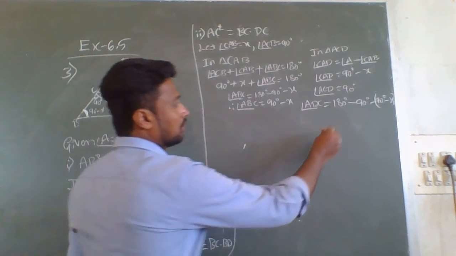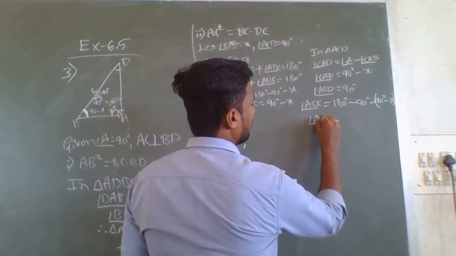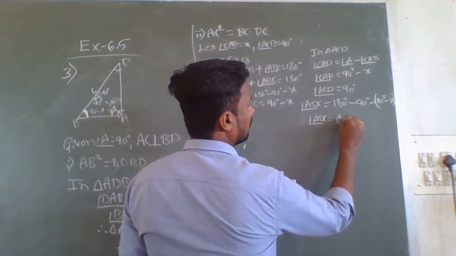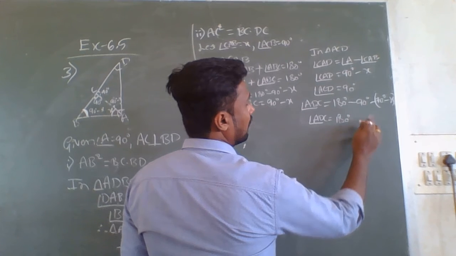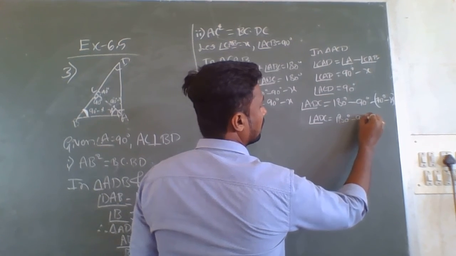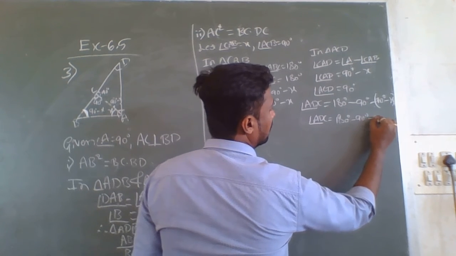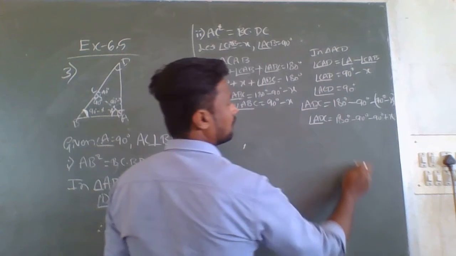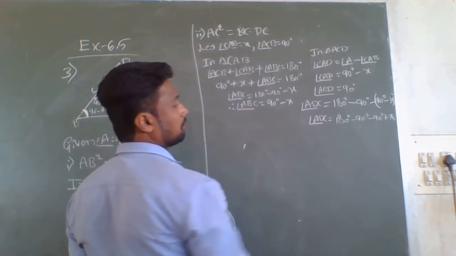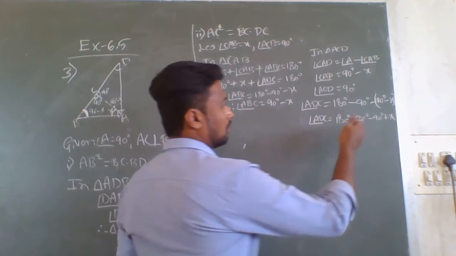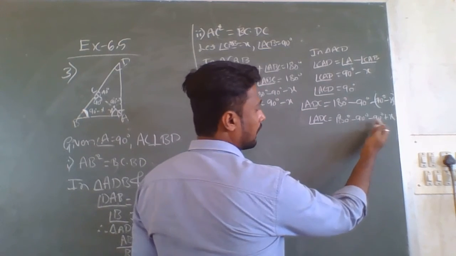Here minus into minus gives plus x. So minus 90 and the minus of minus 90 means we add 90 and 90.